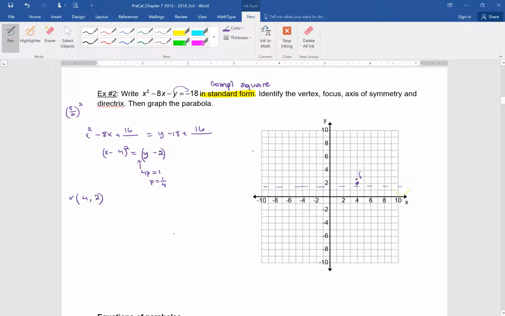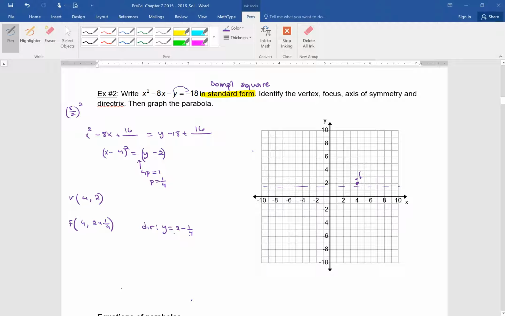So now, how do I find the focus? Am I going to add 1 over 4 to the 4 or to the 2? To the 2, right? Because the 4 is going to stay the same. I'm just going up vertically. So it's going to be 4 comma 2 plus a quarter. Okay? That means the directrix is equal to y equals 2 minus a quarter.